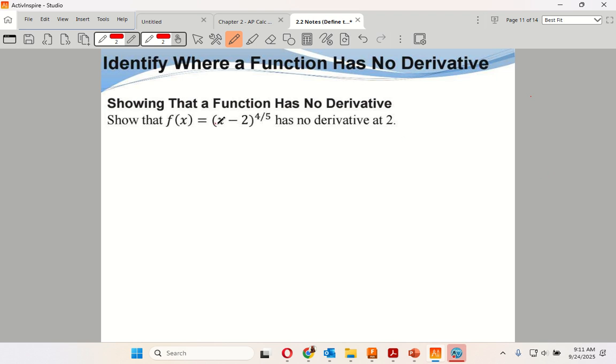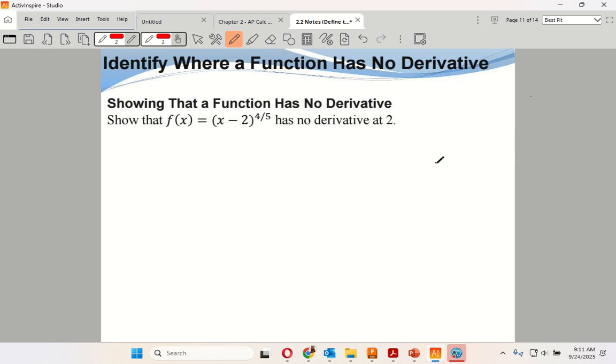And x minus 2 to the 4/5. Now, a little bit of review. The 4/5 is a fractional exponent. The 4, the top number, is going to be the exponential, and the 5, the bottom number, is the root.